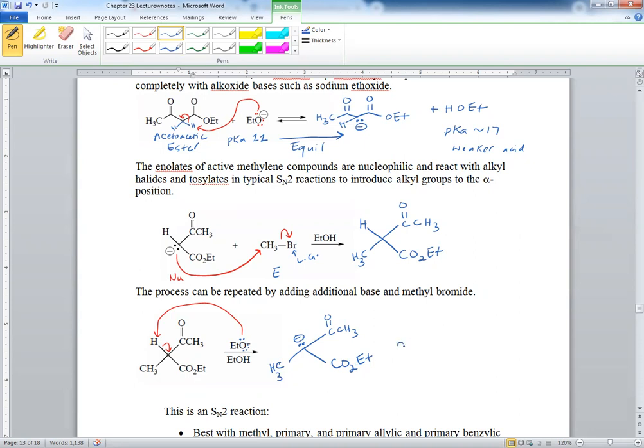So you would deprotonate again, and then now you have actually added both groups, as you can see right there. So this is why this reaction is very beneficial.